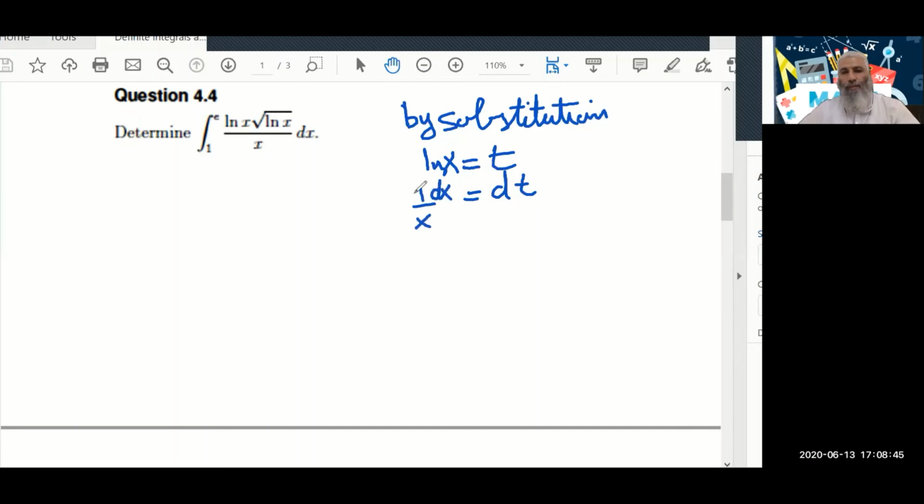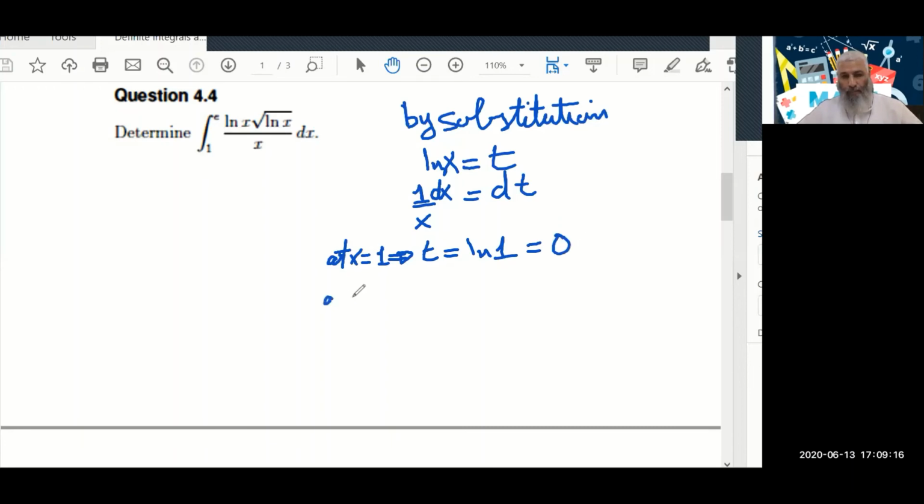And should we find the new limits? We find t at x equals 1. t equals ln 1, and ln 1 is 0.